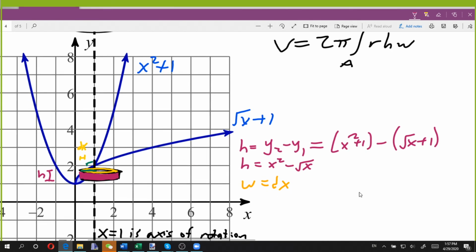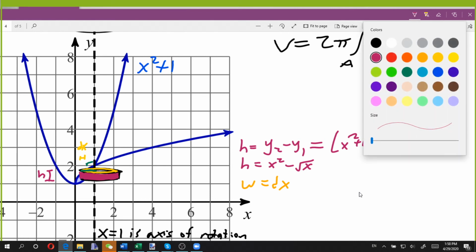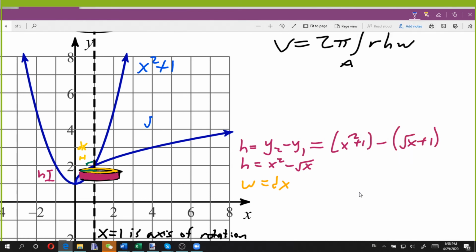Okay, and the last thing we need is our radius, which is my distance from where we are right now to the axis of rotation. So this is the hardest part.